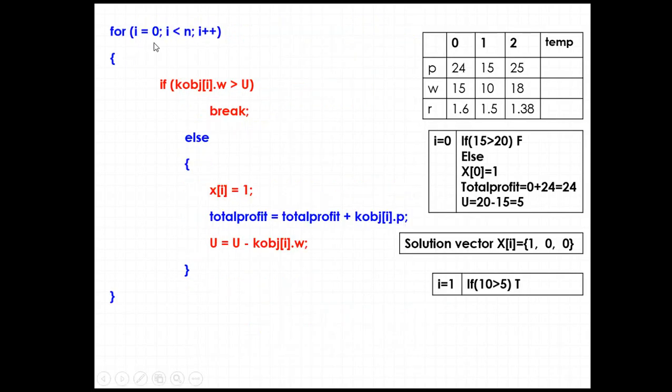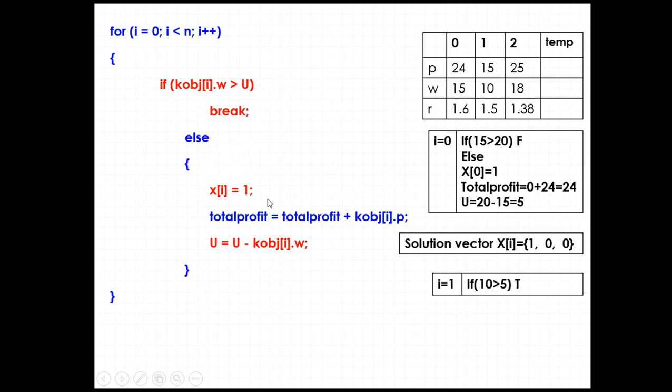Next, for the first iteration, if k object weight is greater than u, in the 0th iteration, if weight of the 0th object, here the weight of the 0th object is 15, is it greater than 20? The condition is false. If the condition is false, we'll go for the else part, right?